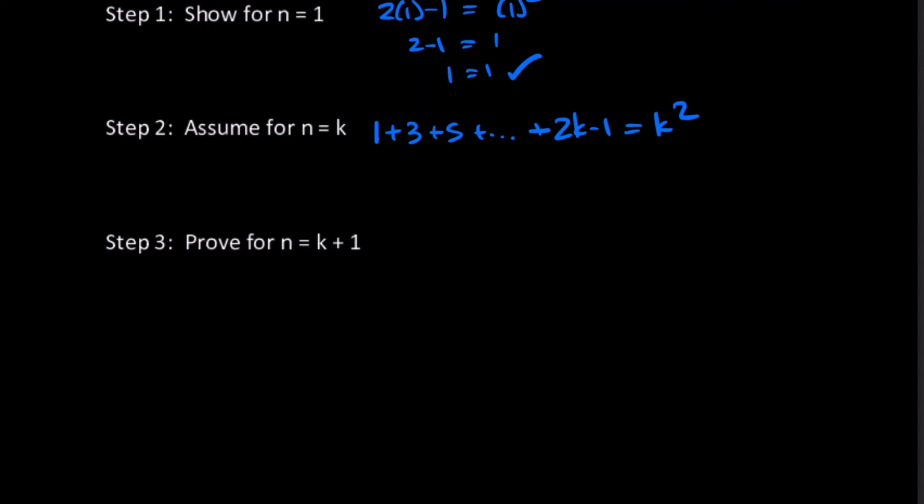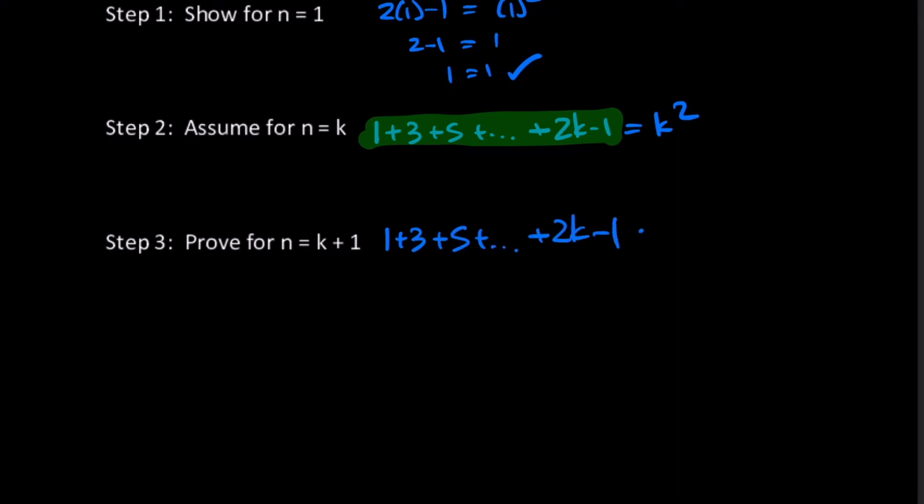So what I'm going to do first, I'm going to use a highlighter here, is I'm going to use this to start the next step. 1 plus 3 plus 5 plus dot, dot, dot, plus 2k minus 1 plus. So what that is, this series here, but then I need to go one more term.